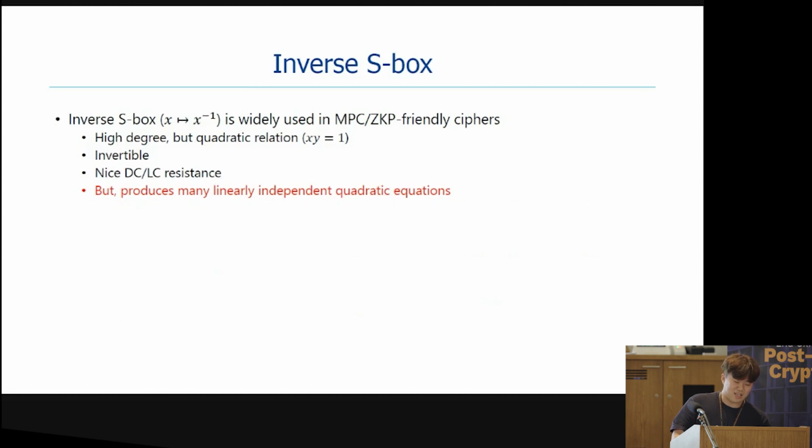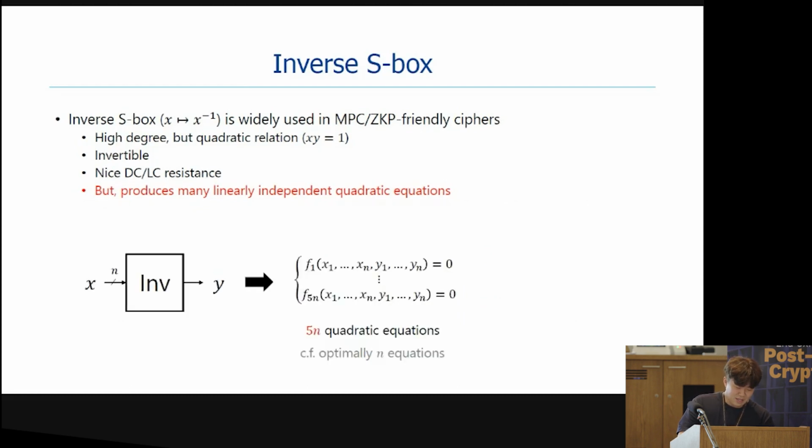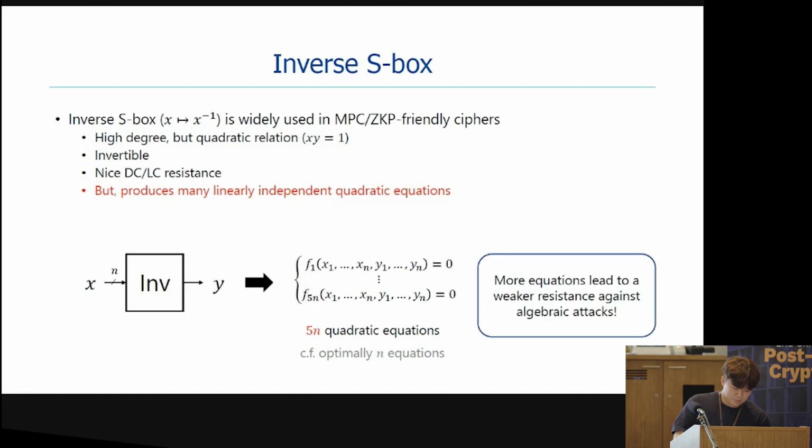It does not mean AES is breakable. It's just about MPC and ZKP-friendly ciphers. In the early 2000s, the inverse S-box with n-bit input was known to have 5n quadratic equations. In algebraic attacks, more equations can lead to weaker resistance.